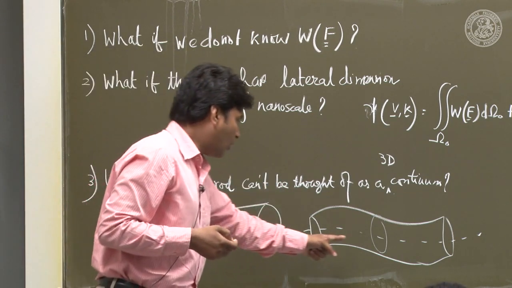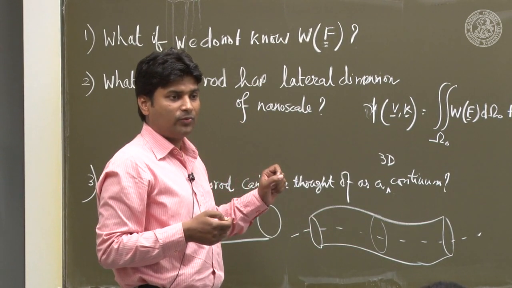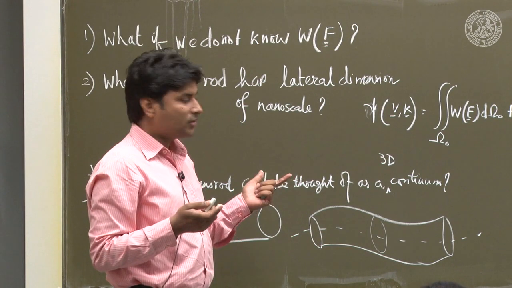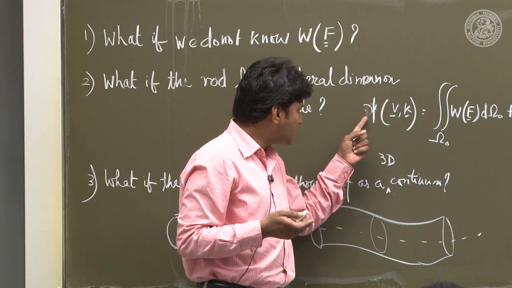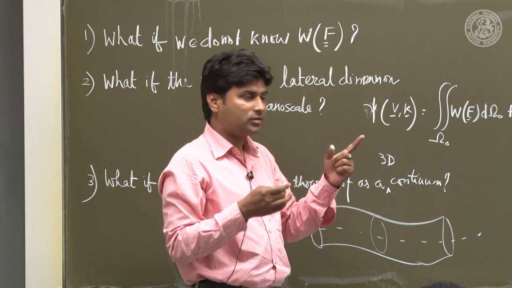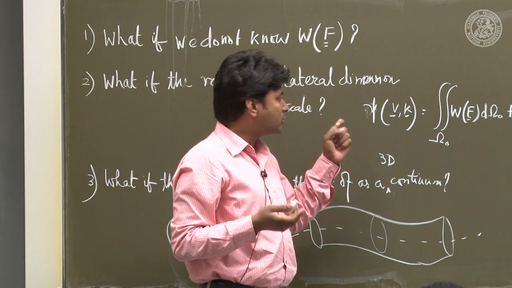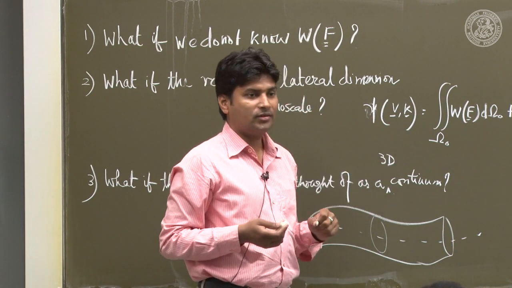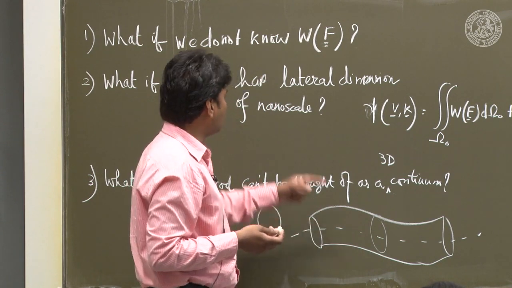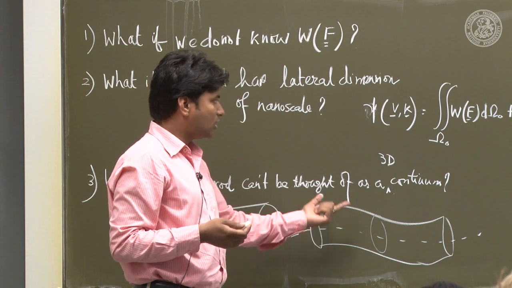So, when you model this atomic structure as a rod, then you will need to know what is the psi, strain energy per unit length, because in your rod equations this comes, and then the question is how to get that psi. And I told you this does not fall in any of these two categories, because it is not a 3D continuum.